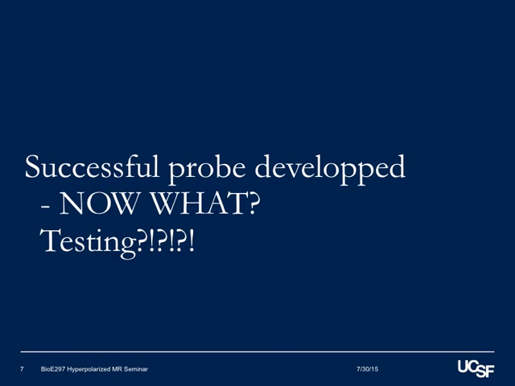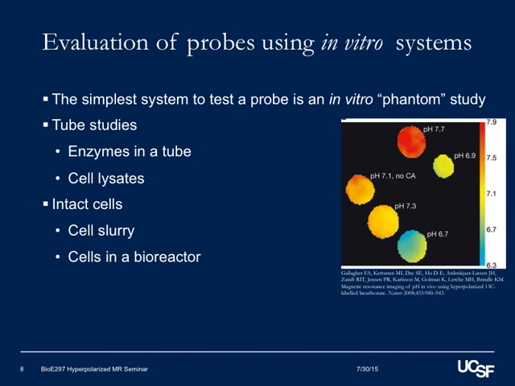And so once you've developed it, how do you go about testing it, right? So the very basic, the single simplest way of doing things is your enzyme systems in a tube. The example shown here is that of the pH probe bicarbonate, which is used to measure interstitial pH.